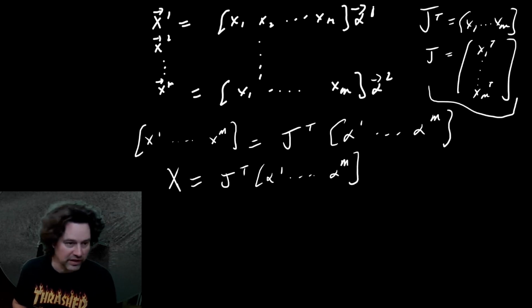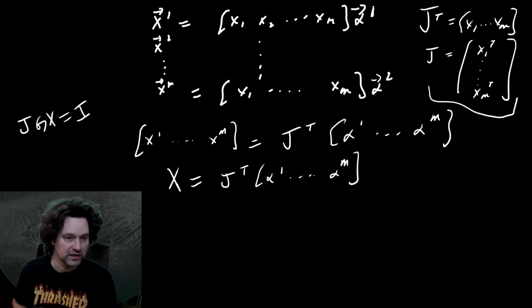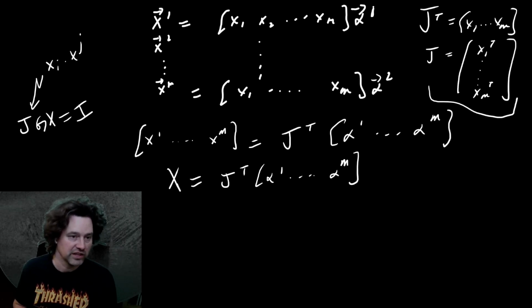We also know that we should have J G X equals I. So this is all of the dot products of x^i dotted with x_j put into matrix form.